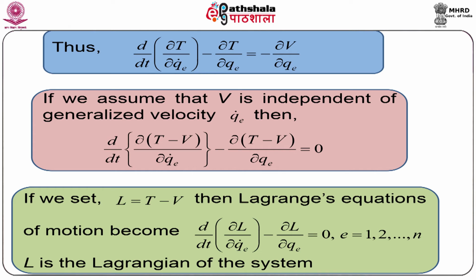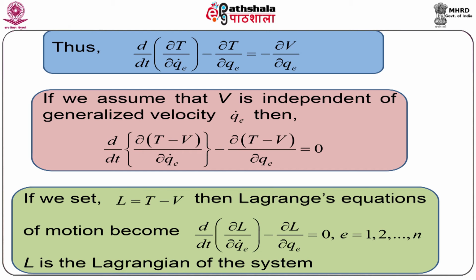If we assume that V is independent of generalized velocity q̇_e, then what happens? Let us discuss it. As V is independent of q̇_e, we can write this term of this equation in this way. Since V is independent of q̇_e, ∂V/∂q̇_e equals 0. Shifting this term to the left hand side, we can combine this in this way.